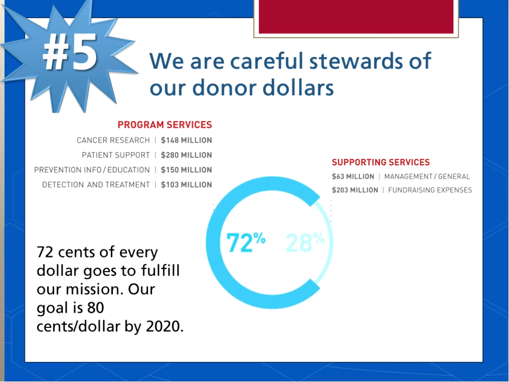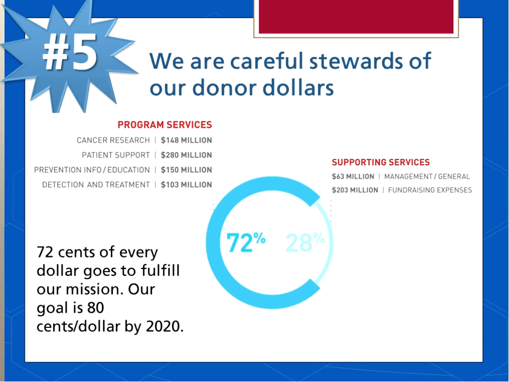So that takes us to impact point number 5. We are careful stewards of our donor dollars. The American Cancer Society may not be a publicly traded company, but we are publicly held. And being a leader in transparency and accountability is very important to us. 72 cents of every dollar goes directly to the mission, and that funds research, prevention, detection, education, and patient support activities.